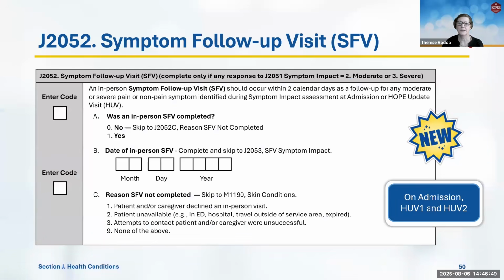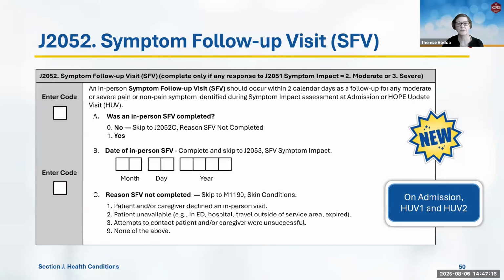The next new item is J2052, Symptom Follow-Up Visit, or SFV. It is collected within 2 days after an admission, HUV1, and HUV2 visit, and only if a symptom impact in J2051 is identified as moderate or severe.